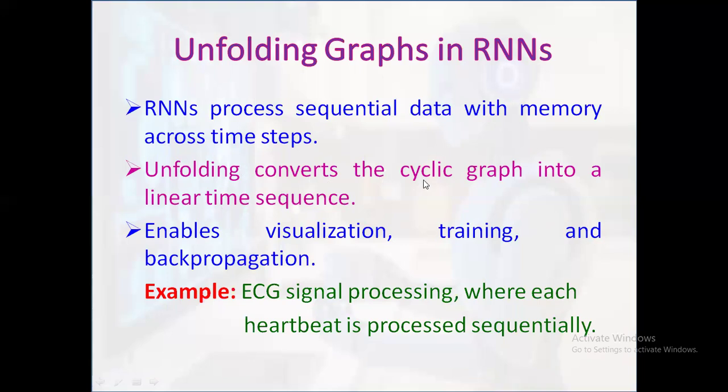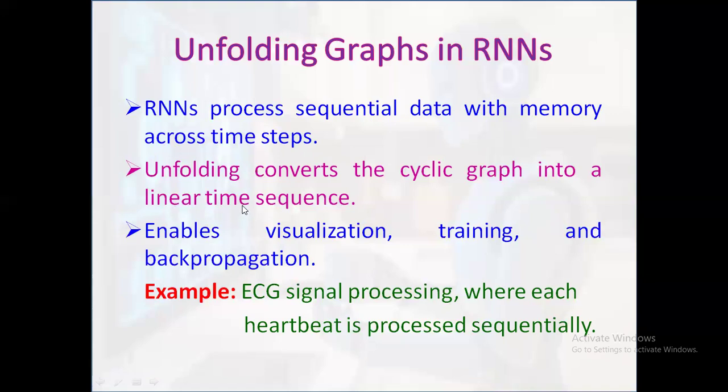Unfolding converts the cyclic graph into linear time sequences. This means in its original form, an RNN contains cyclic connections that represent feedback loops. Cyclic means what? Feedback loops. Unfolding expands the cyclic structure across multiple time steps, converting it into a linear chain of identical network copies.